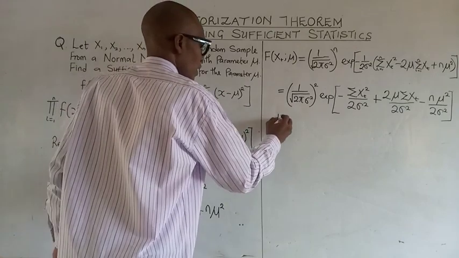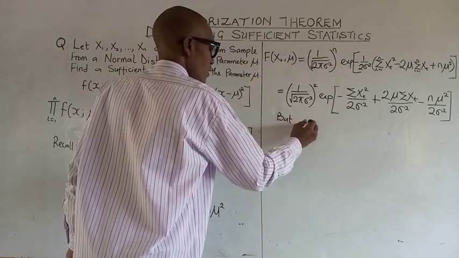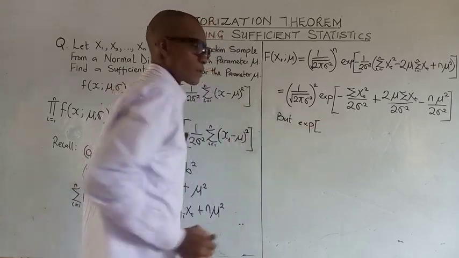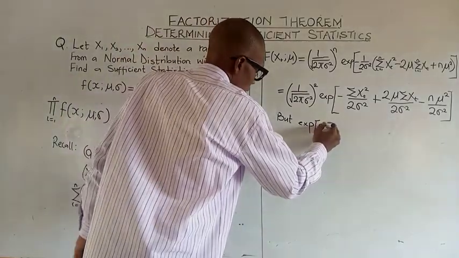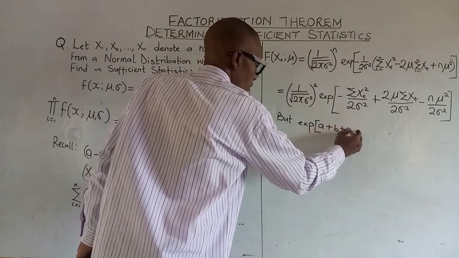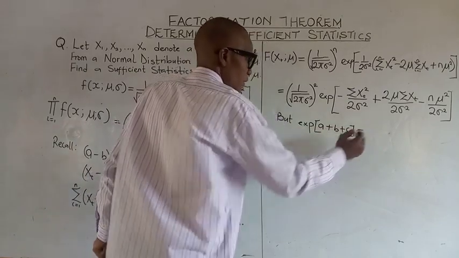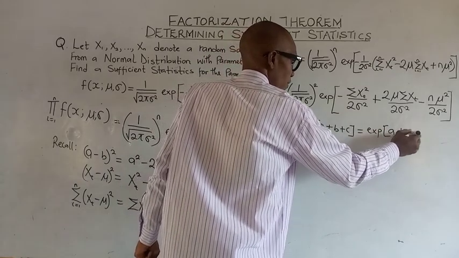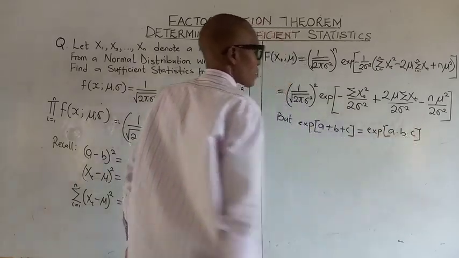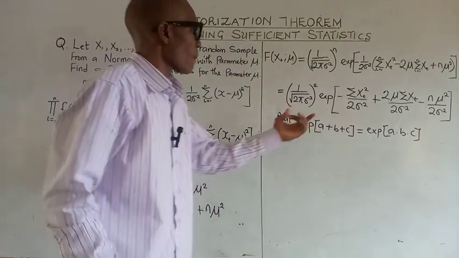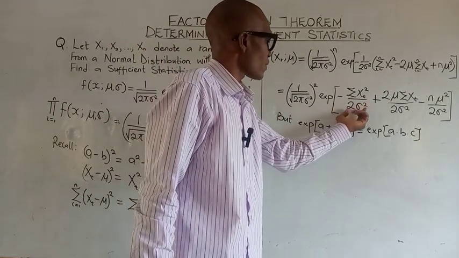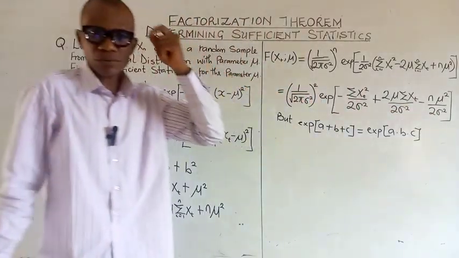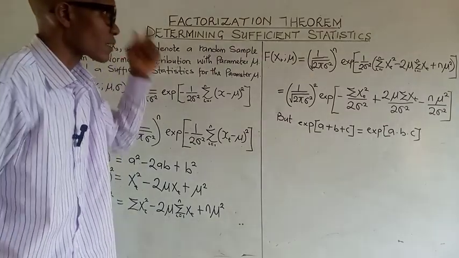But we have to remember that exponential of a plus b plus c is the same thing as exponential a multiplied by exponential b multiplied by exponential c. So we can open this. This is without mu, this is with mu, and this is with mu. So we can do that.